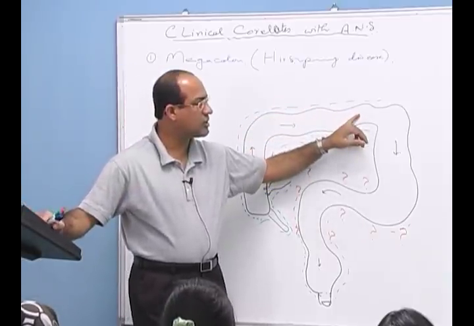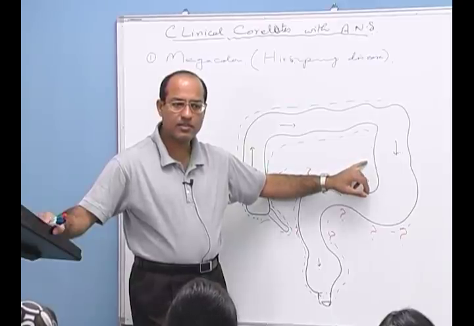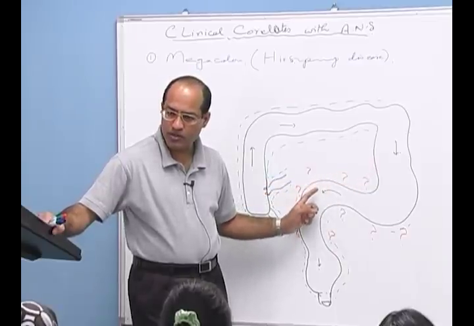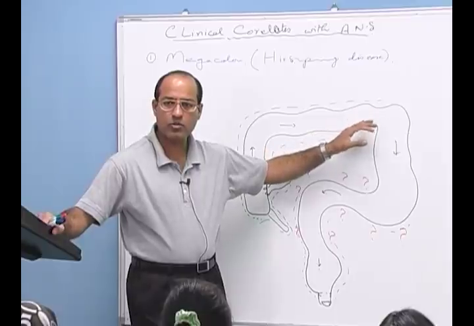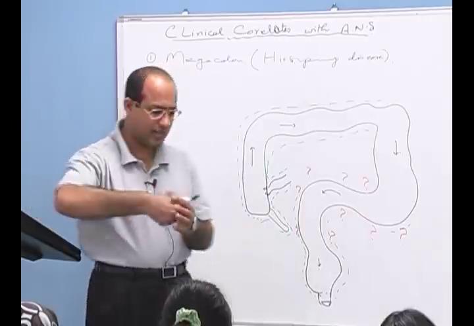But once the content reaches the aganglionic segment, peristalsis cannot move forward. So the contents of the GIT are pathologically accumulated proximal to the aganglionic segment.